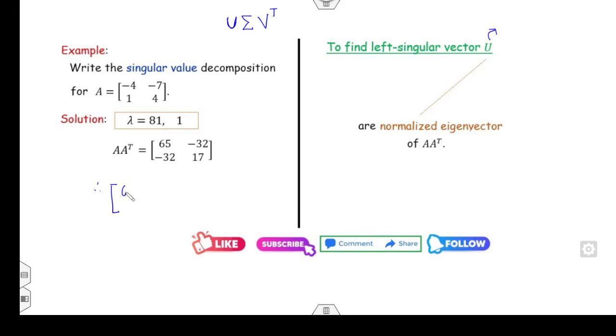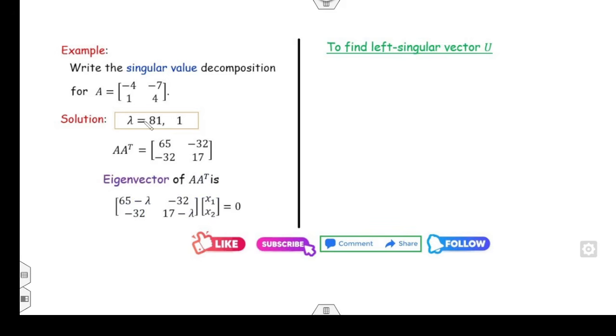कितना आएगा इसका eigen vector? 65 minus lambda, minus 32, minus 32, 17 minus lambda into x1, x2 is 0. Fine. So पहले 81 fill करते हैं. Substitute the value of 81 in the equation number 1. You will get these two equations. Again, I can delete the last line.